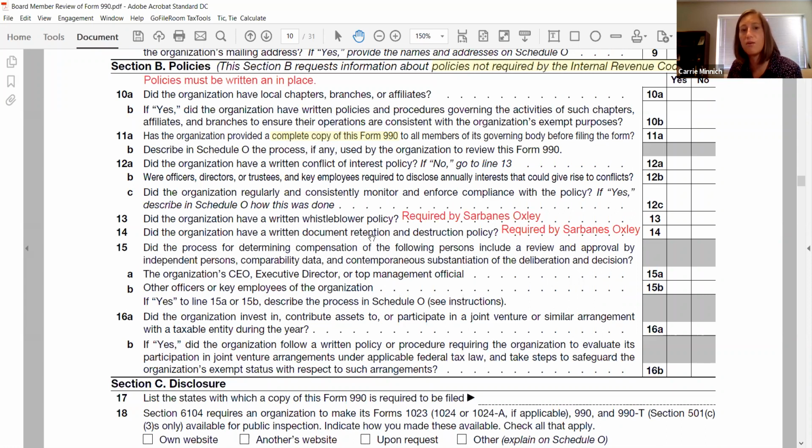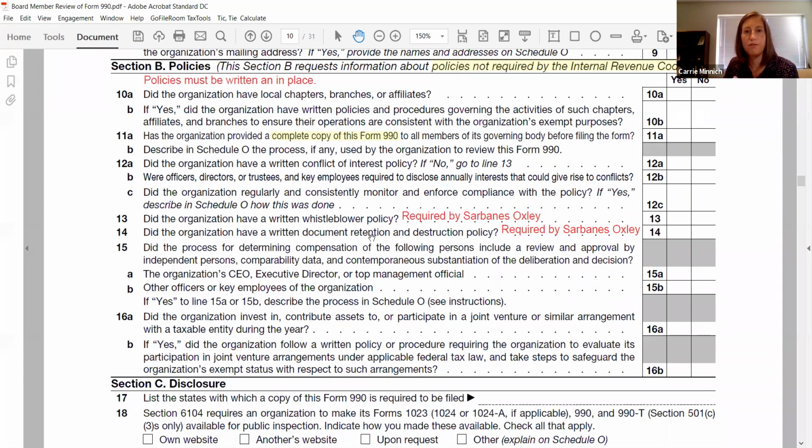However, there were some that were also applied to nonprofits. These two, a whistleblower policy and a document retention and destruction policy, were specifically required to be implemented by nonprofits as well. So if you don't have those in place, you might want to consider implementing those.